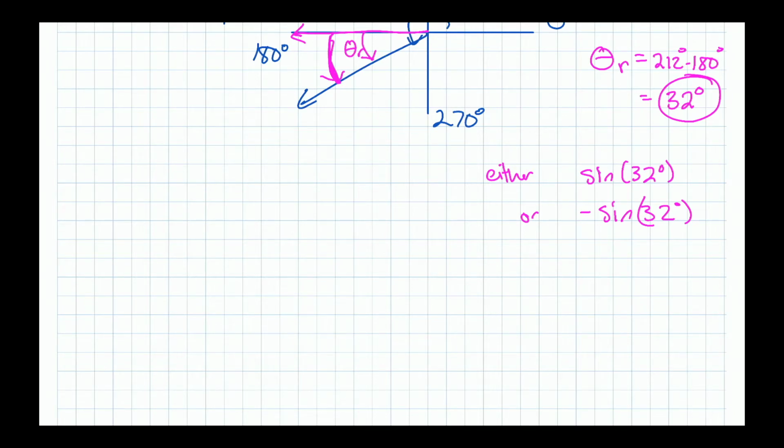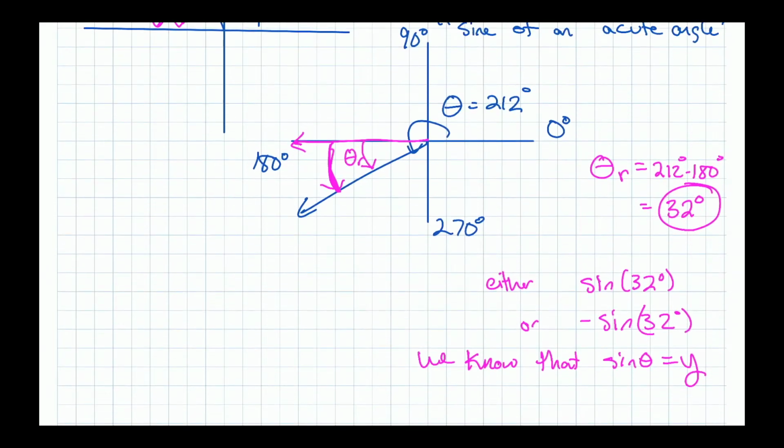And so the way you would figure it out is you would say, we know that sine theta is the y value when you're on the unit circle. And in this quadrant here, quadrant 3, is the y value positive or negative?